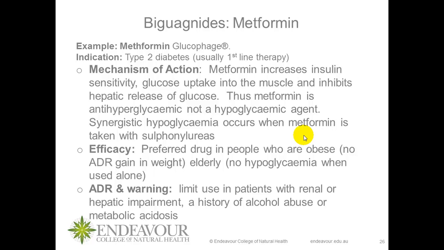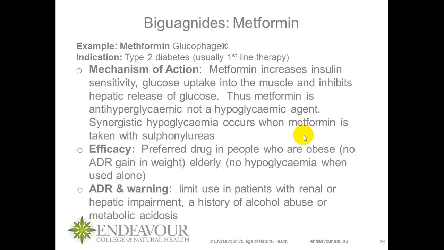Metformin, likewise, increases insulin sensitivity. Glucose is taken up by muscles. The liver is inhibited from releasing glucose from its stores, and so metformin is said to be anti-hyperglycemic rather than being a hypoglycemic agent.